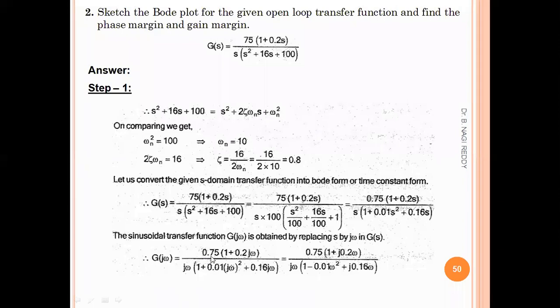G of j omega is equal to 0.75 into 1 plus 0.2 j omega, because 0.2 s is there, so you have to substitute j omega in the place of s, by s into, that means j omega into s square plus 16s plus 100. Now this 16s plus 100 is simplified here.